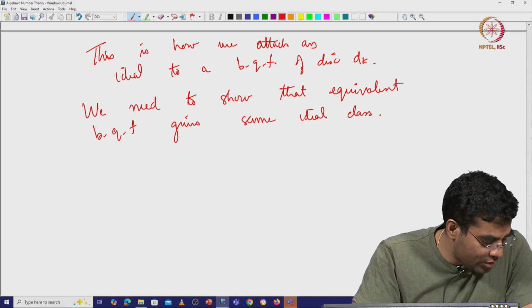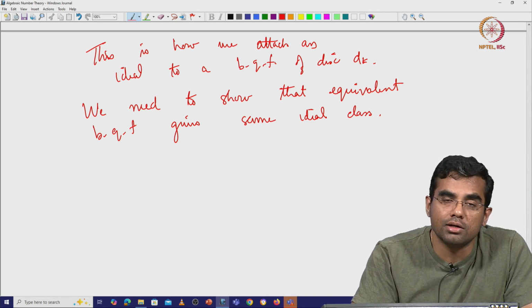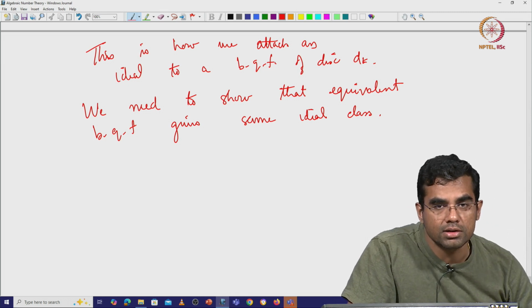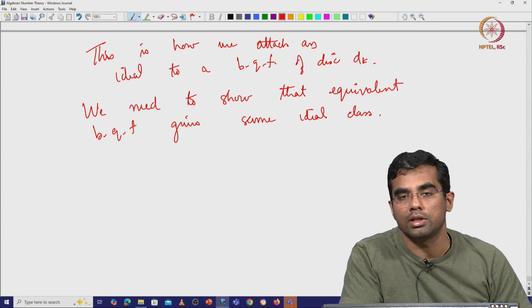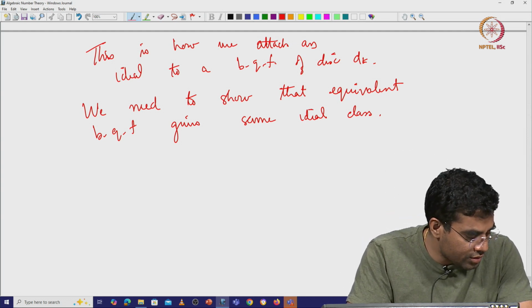Well, there are two ways to rectify this. One is you just associate an ideal to a reduced binary quadratic form of given discriminant. Then there is a unique one in each class and you do not really have to worry too much, but that is not an ideal way to do things.